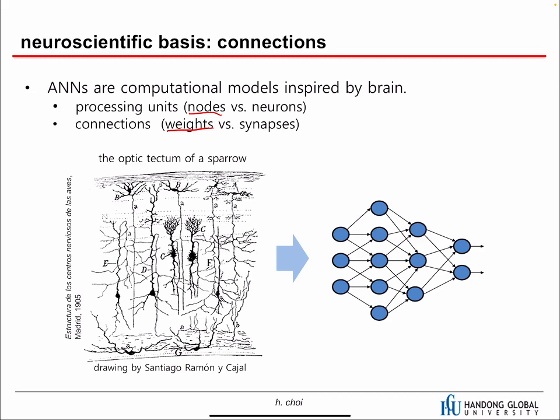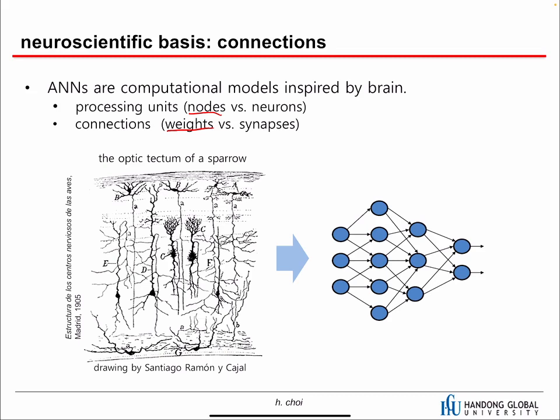Then we gather all the spikes from the neighboring neurons and sum them up. If the integral of this information is higher than a threshold, the neuron will fire. Otherwise, the neuron will keep quiet. It's like ReLU. Until we have some amount of information, we just keep quiet, and once the amount of information is above the threshold, we fire.